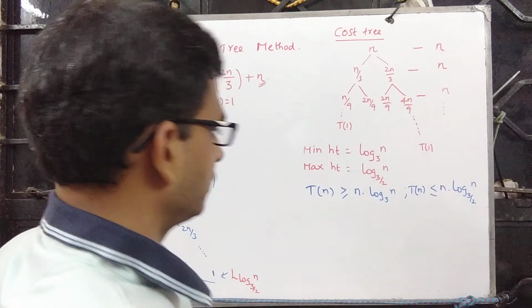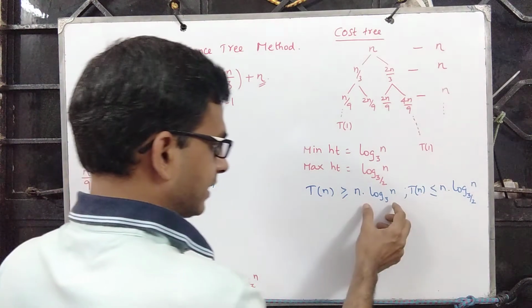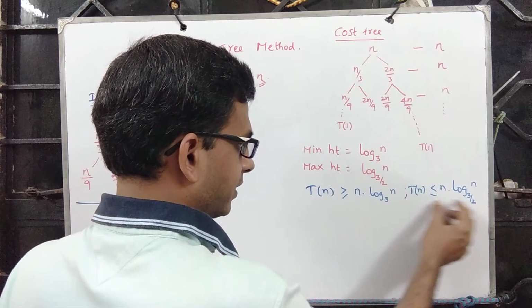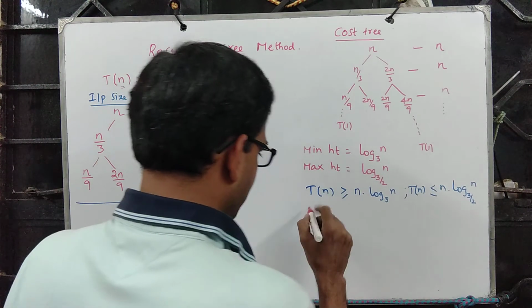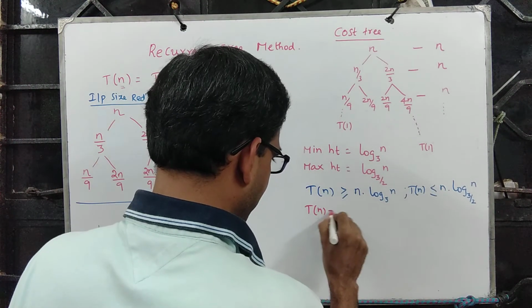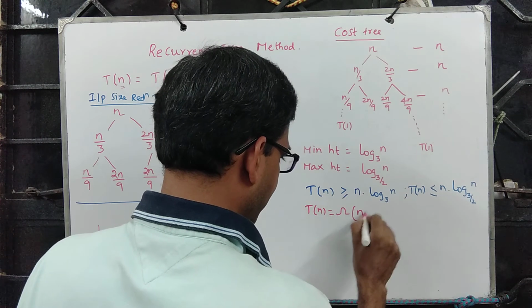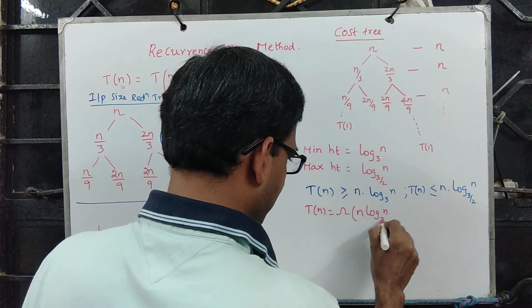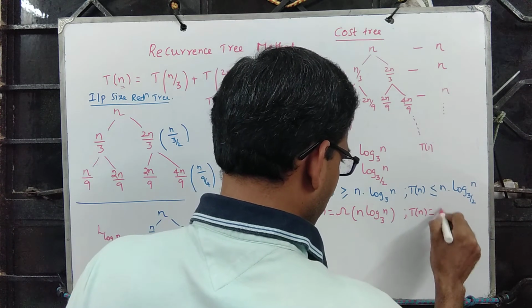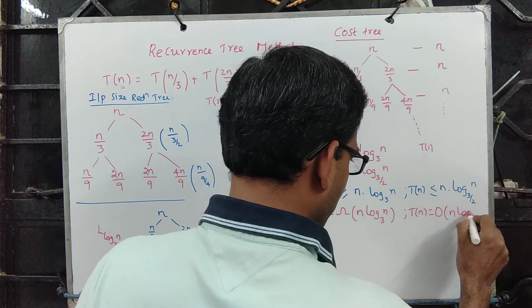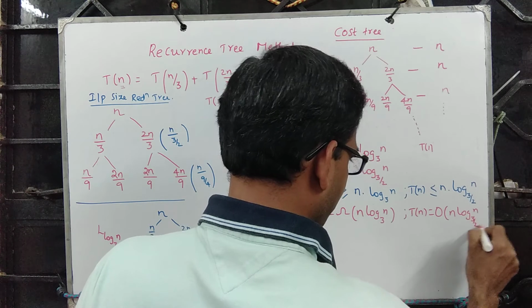Correct? So that shows that T of n is at least this much and T of n is at most this much. And we know that this means T of n is omega of n into log n base 3, and T of n is big O of n into log n base 3 by 2.